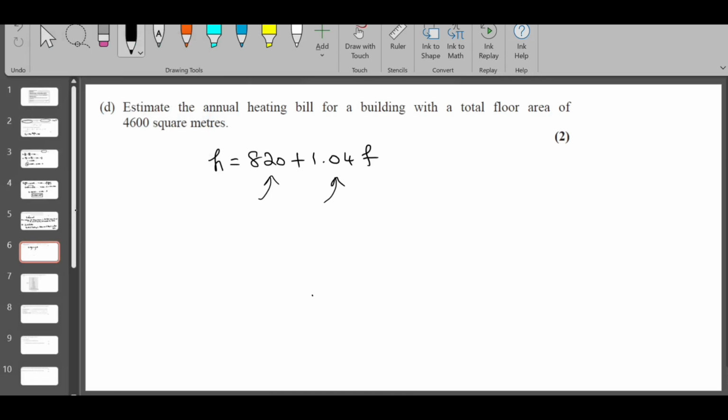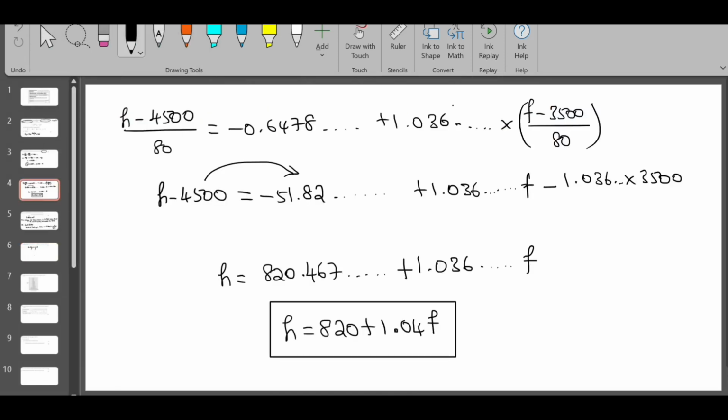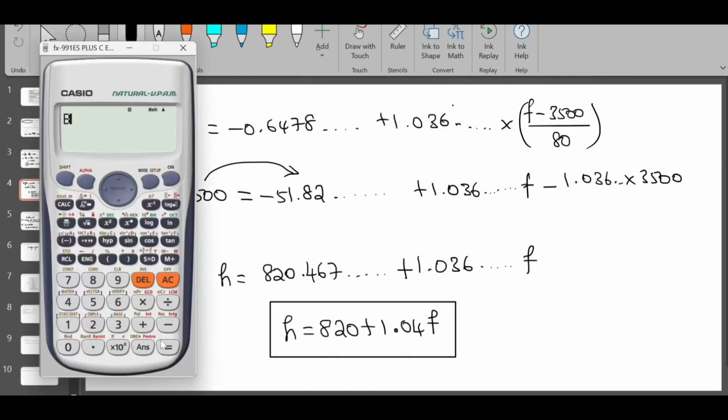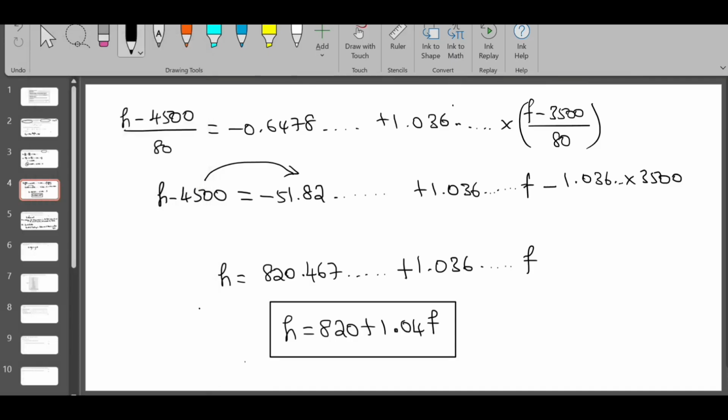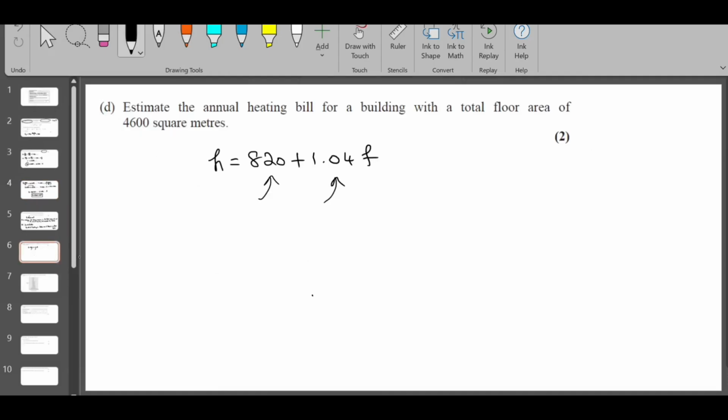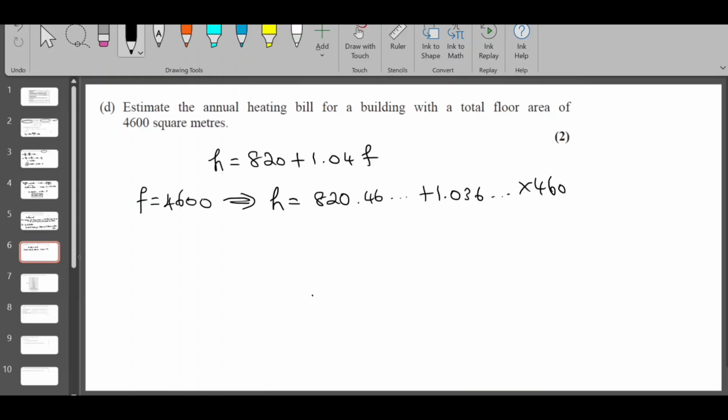Okay, 1.04 was a rounded value, but the b was the actual value, right? Yes. Okay, so we are going to use the actual values, not the rounded figure, and we replace the flow area f by 4600 square meters. So h is 820 point whatever the value plus 1.036 times, always use the actual value.